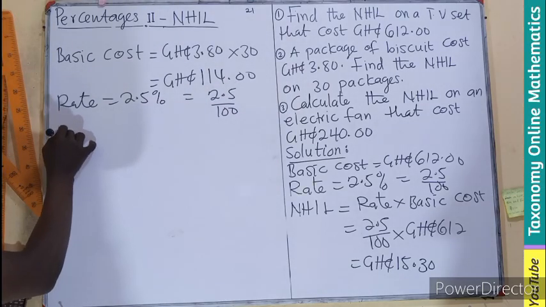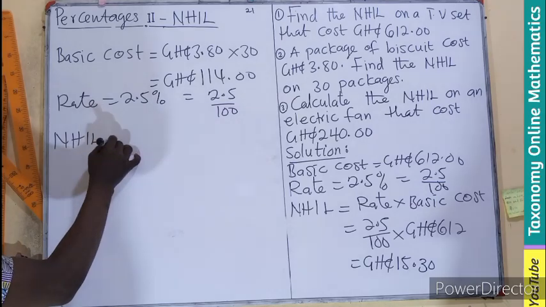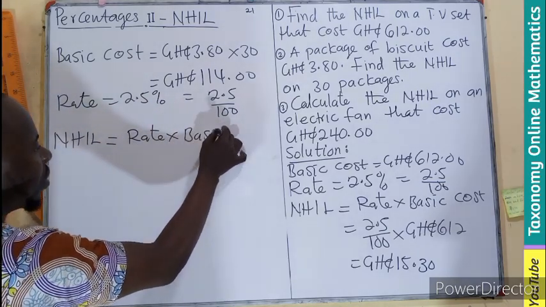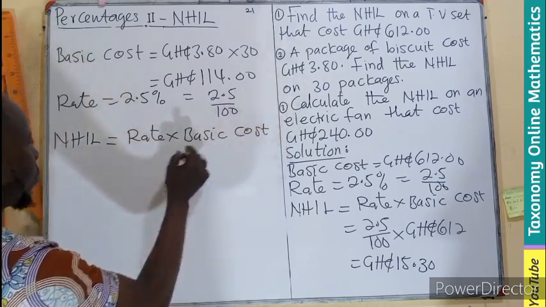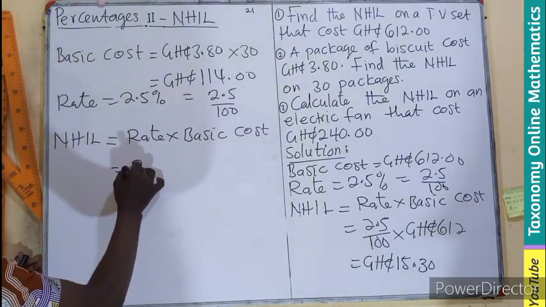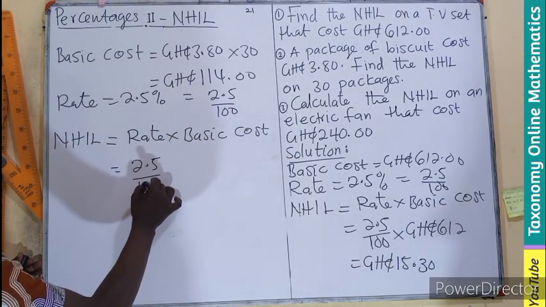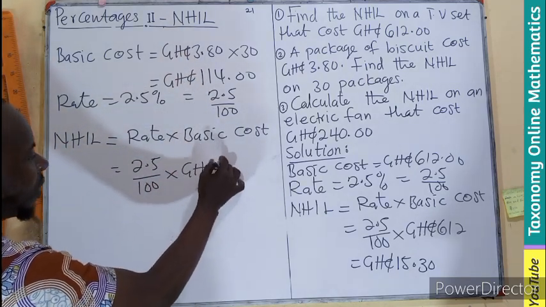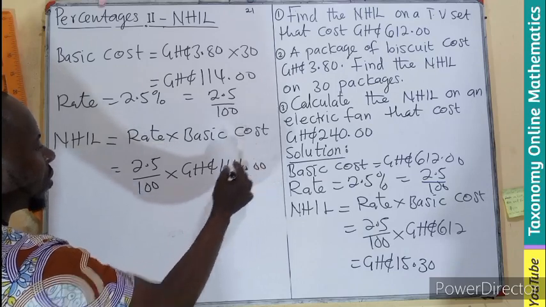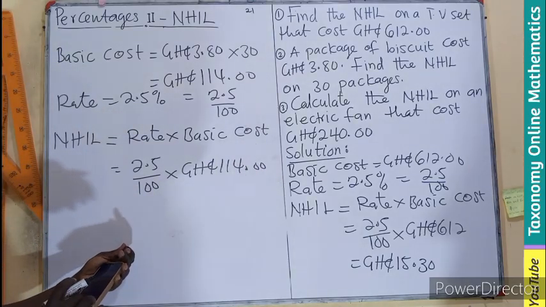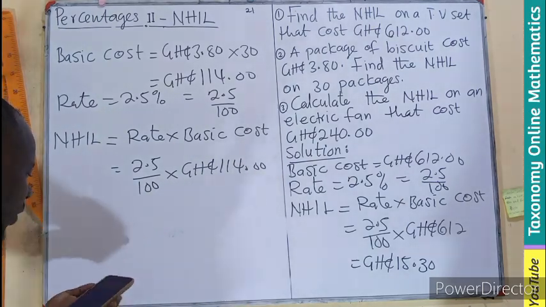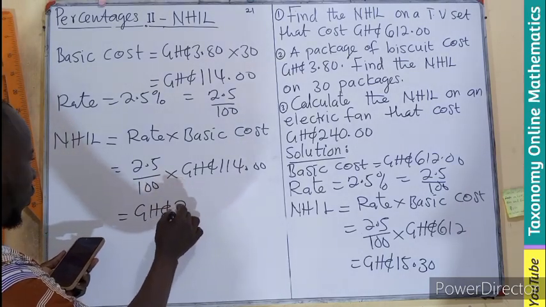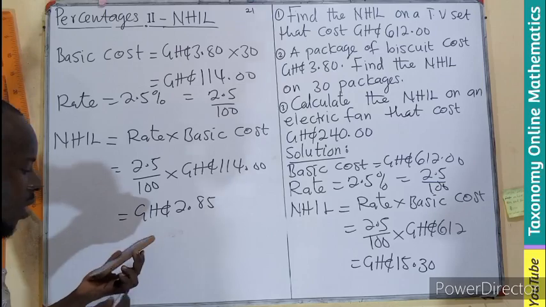Then our NHIL will be the rate times the basic cost, which is 2.5 divided by 100 times 114. So this calculation will be giving you in total 2 cedis 85 pesewas.